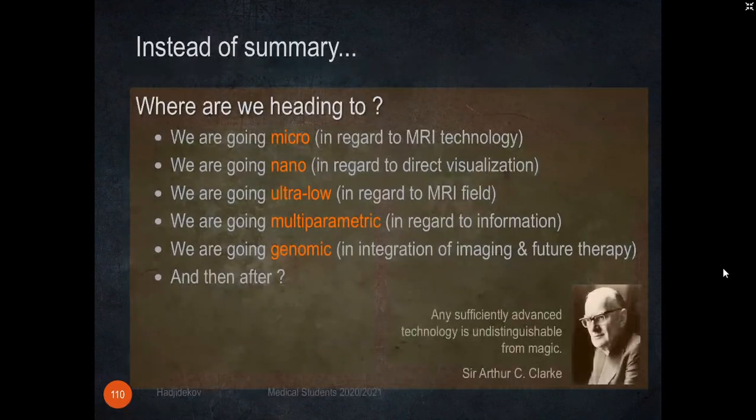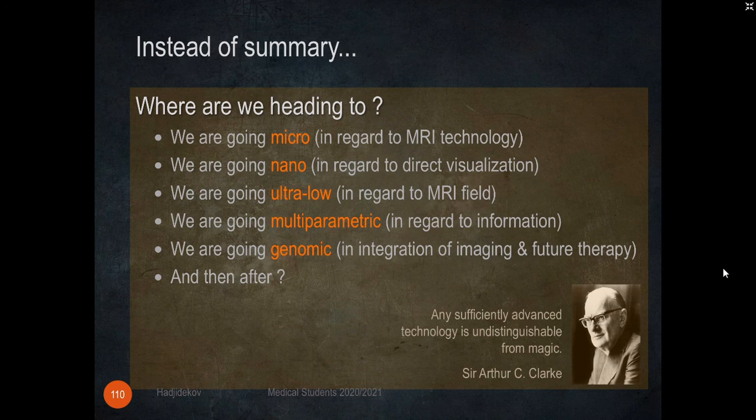So instead of a summary, we should say what we have done and what we should report and think and observe in the patients. And where we are heading to, in fact. So we are going to be micro in regard of the MR technology. The technology is evolving very, very fast, and we have micro information on it.